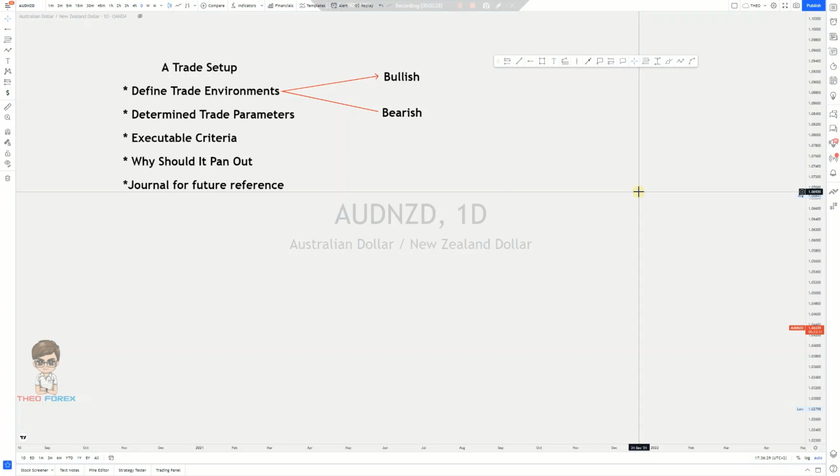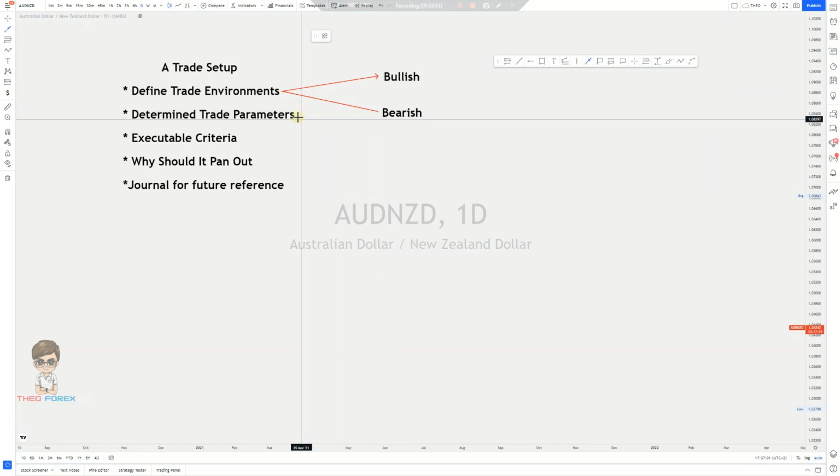If you will be looking to take any trade against the bullish direction of the trade environment, where the trend is bullish so you're looking for buying opportunities, and you're looking for selling opportunities, the reason has to be very, very concrete. If you're willing to take the trade against the initial direction, you must understand you'll be cutting short on your risk. So that is it on a defined trade environment.